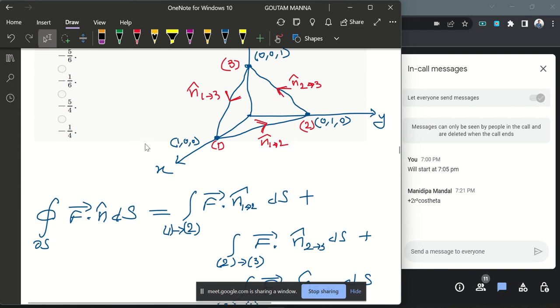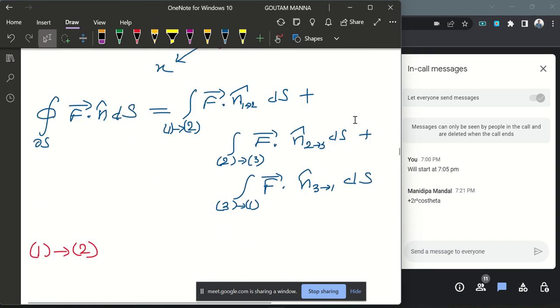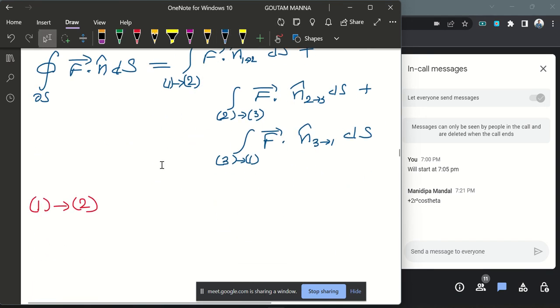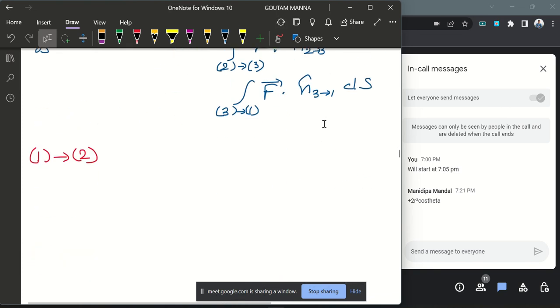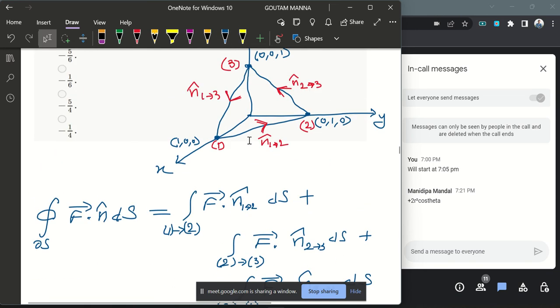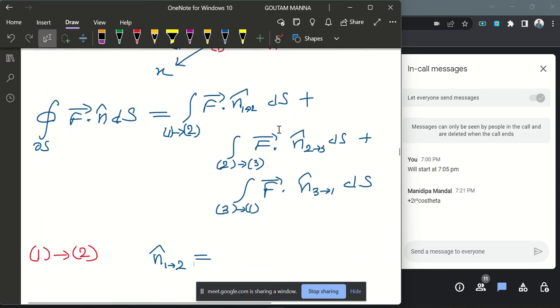So as we are going along this path, point 1 to 2, we are on this xy plane, and this unit vector is given by a vector from 1 0 0 to 0 1 0. So that means it is given by n of 1 to 2, which is the position vector of point 2 minus position vector of point 1, divided by the magnitude of the position vector of point 2 minus point 1.